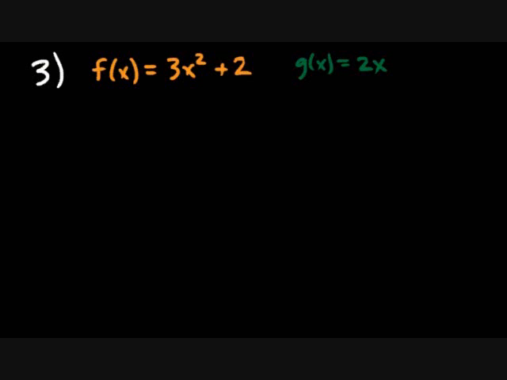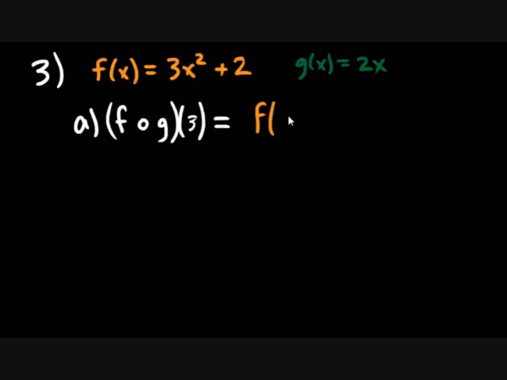If we're given that f of x is equal to 3x squared plus 2, and g of x is equal to 2x, part A is f of g of 3. The first thing that I would do is write f, and then put your parentheses. And what are we putting into f? Well, we're going to put g of 3 in there. So we'll write g of 3, and then we close our parentheses for our f.